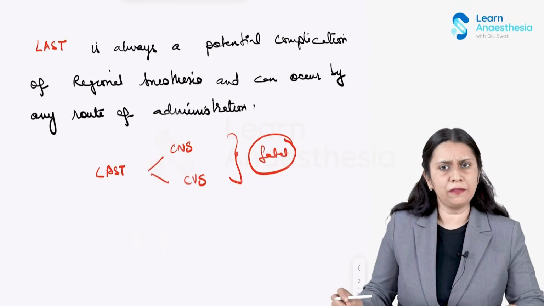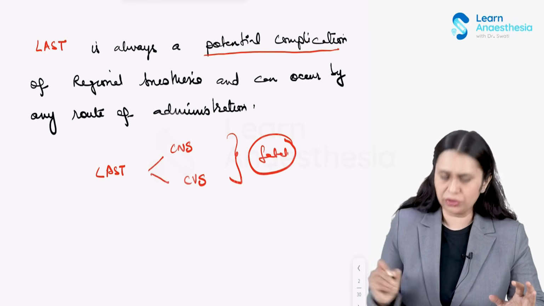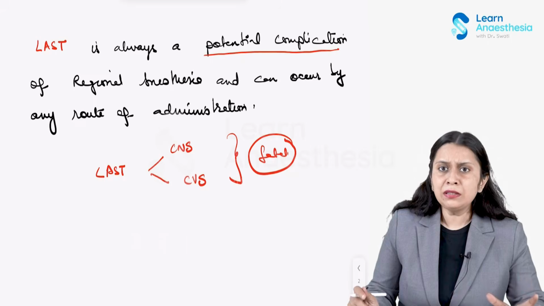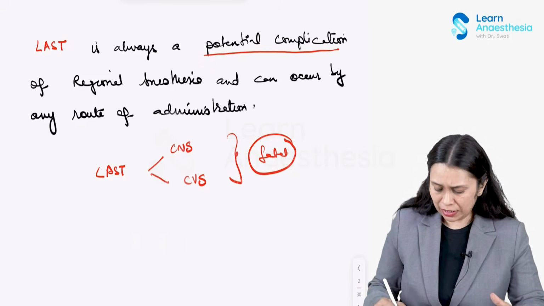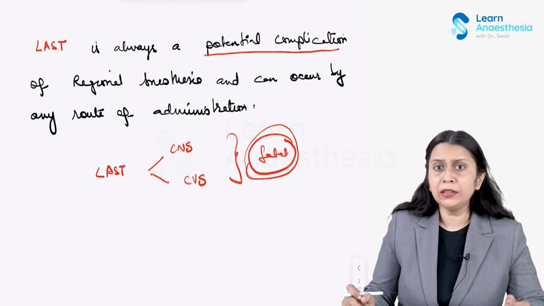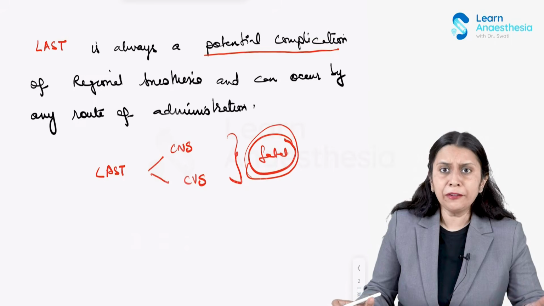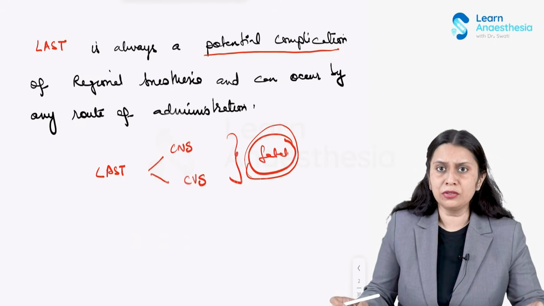What is the incidence of LAST? Now, as I said, it's always a potential complication, but the incidence of major LAST, that is fatal LAST, is less. And minor clinical features of LAST are very much underreported. So it is very difficult to comment on the true incidence of LAST.